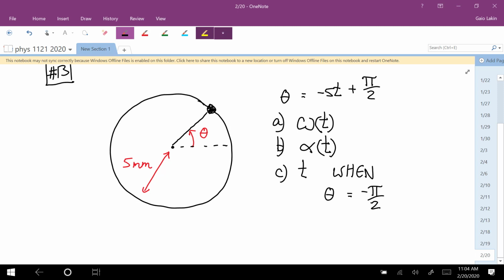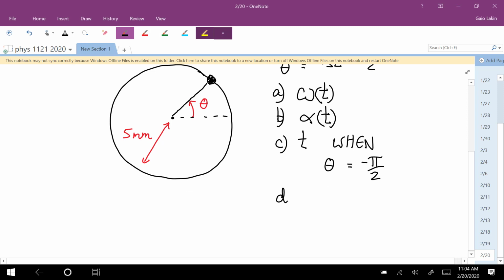Something went wrong with that question. I assume, so it says at the instant from part C, draw the directions of, and then it's blank. So I guess you can choose what you draw the directions of. The idea is to draw the directions of the velocity vector.